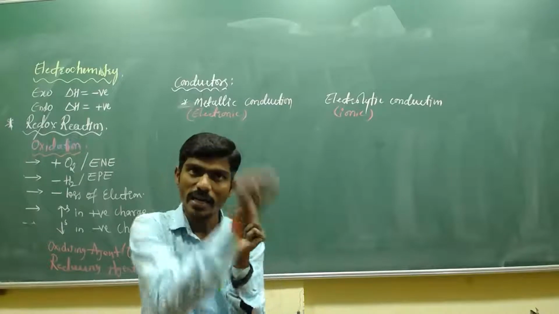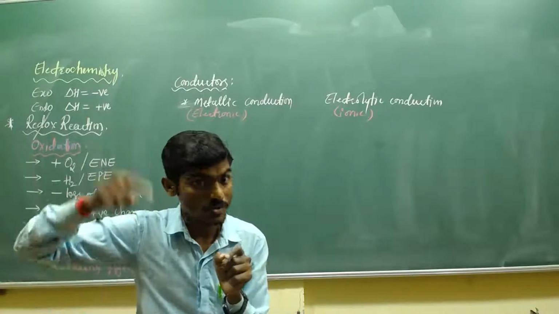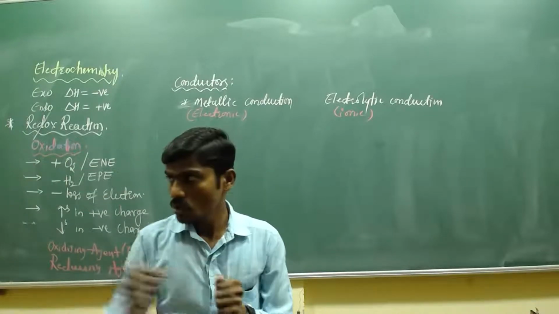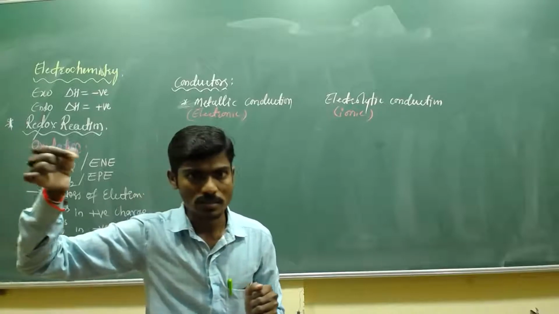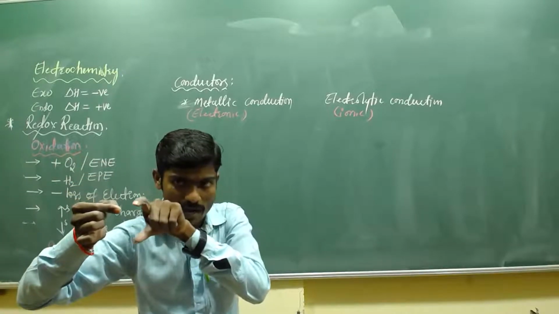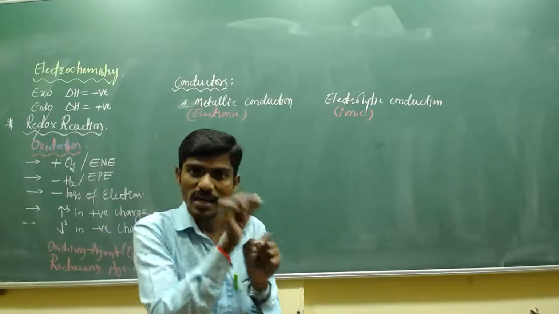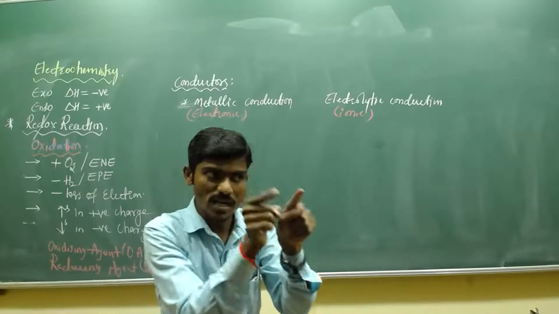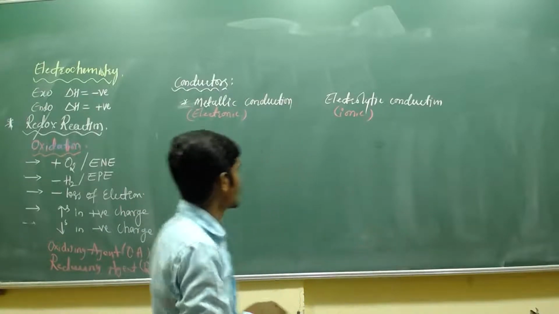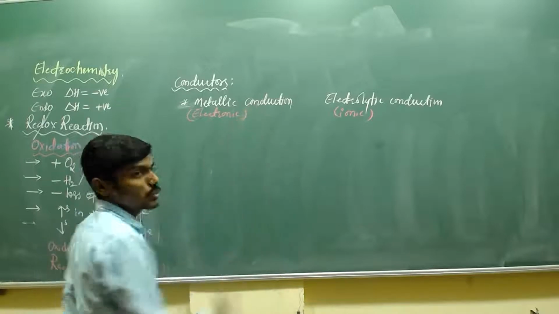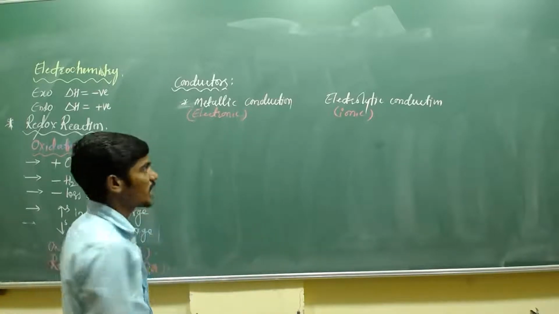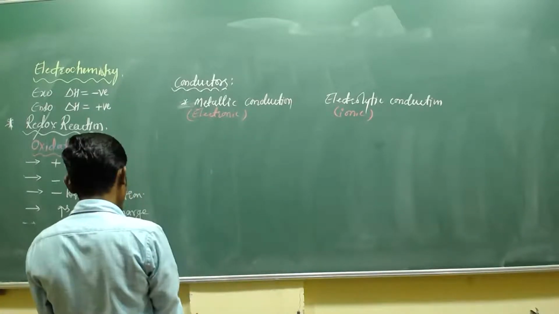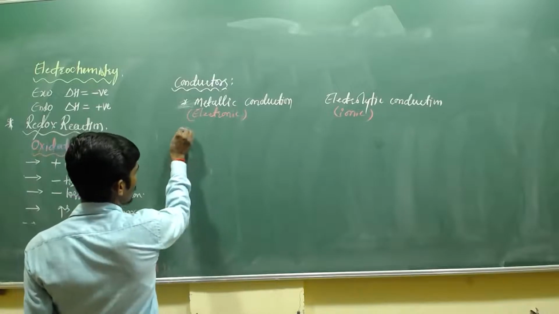Each atom contains a number of electrons revolving around the nucleus. When one electron is passed in at one end, the other electrons get repelled. So electrons are the carriers of current. In metallic conduction, it is due to movement of electrons.